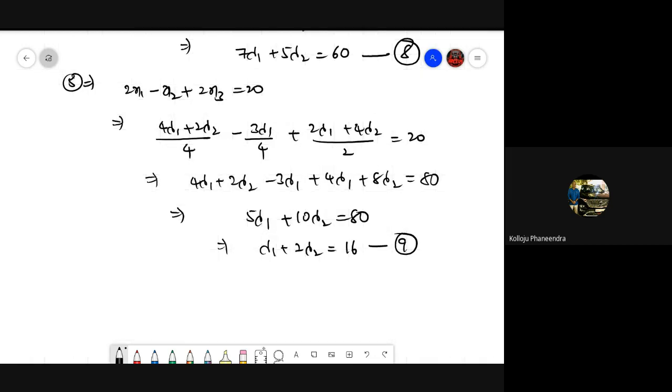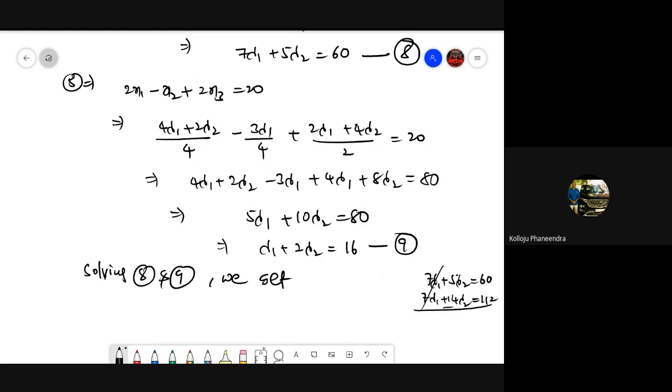Now solving 8 and 9, you know how to solve. 7λ1 + 5λ2 = 60. Multiply the other equation by 7: 7λ1 + 14λ2 = 112. Subtract.